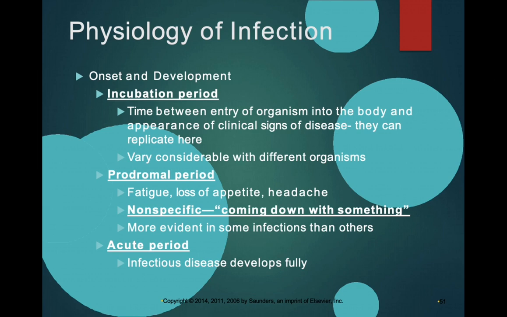They really don't know what it is. It's just fatigue, loss of appetite. It's really non-specific. They know they're coming down with something, they just don't know, right? The acute period is when the infectious disease develops fully symptomatic, very, very clear.